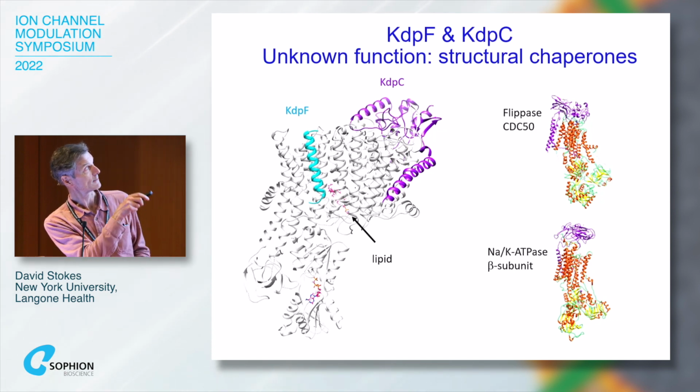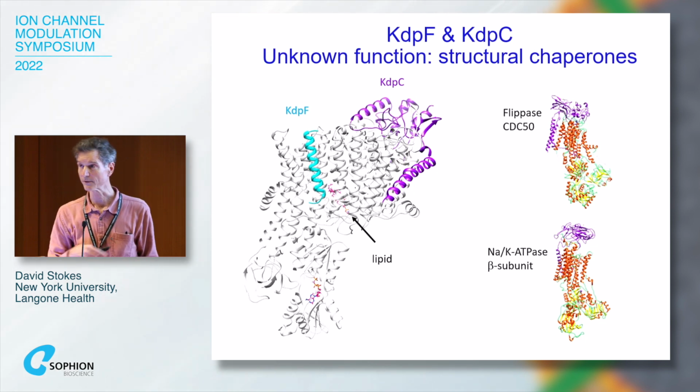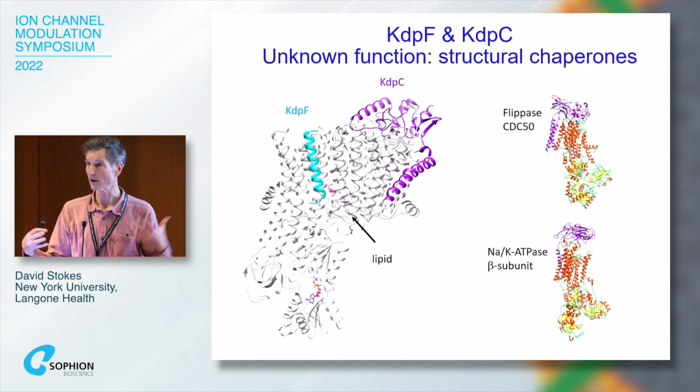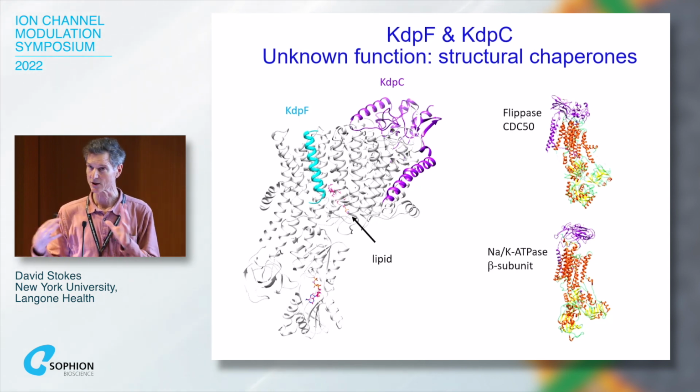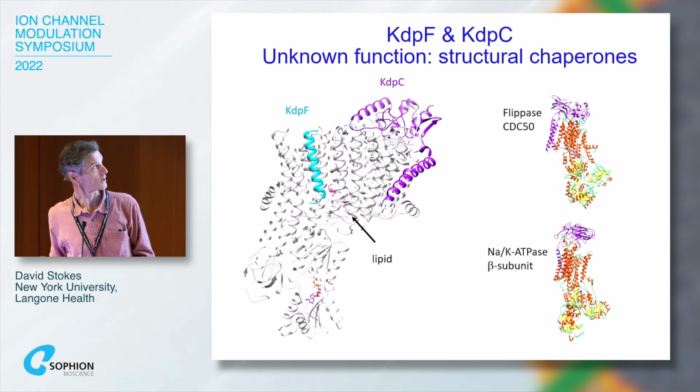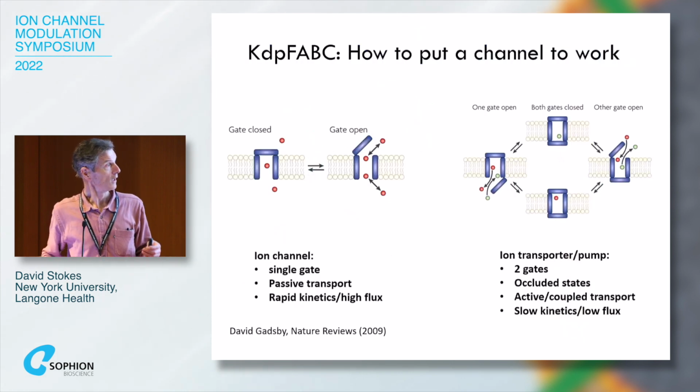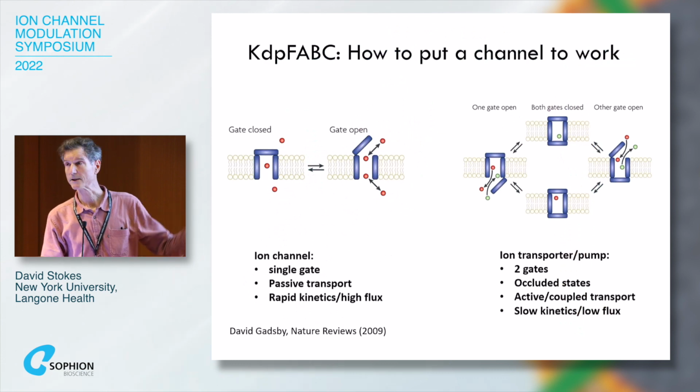And we believe that this similar role is being played by KdpC and KdpF. There's also a lipid molecule that's constitutively bound to our Kdp complex, which also seems to stabilize the structure, the association of the four subunits. So the main players will be the A and the B subunits for mechanistic details.